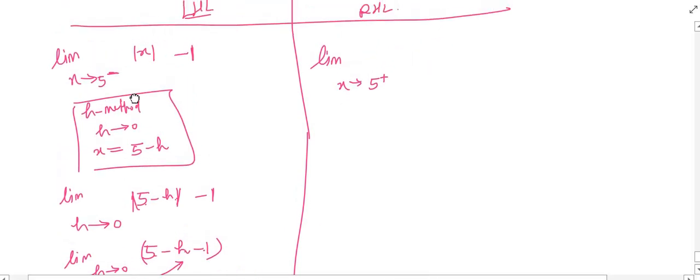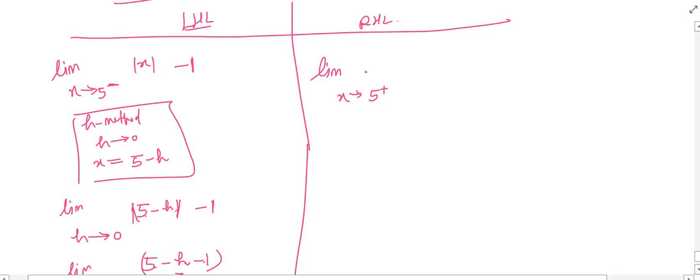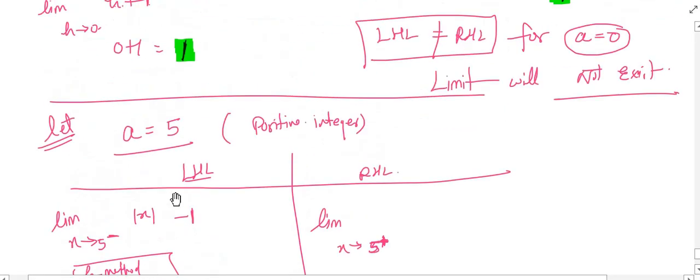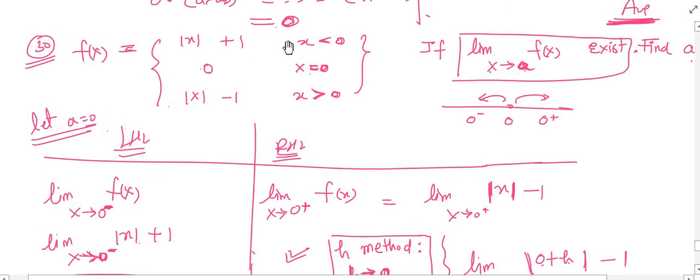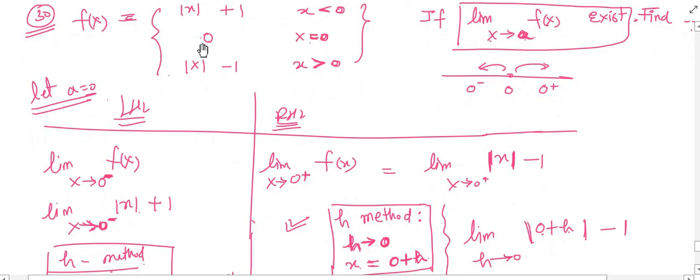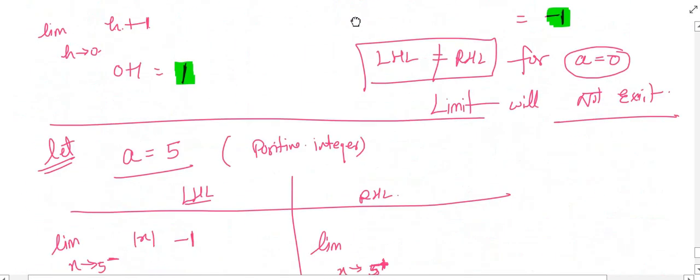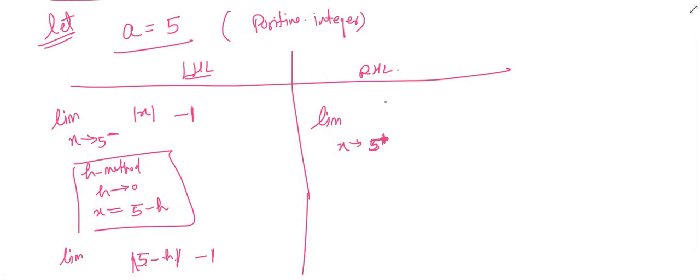Now look at the right hand side. 5 plus, x is a little bit more than 5. So which one should I take out of these? This or this or this? A little bit more than 5 will be more than 0 only. So I will take this, right? Let me write down here, mod of x minus 1.